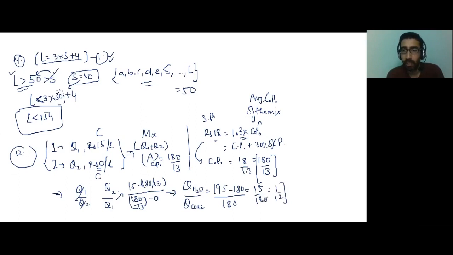So for every 12 liters of the coke concentrate, you add 1 liter of water. Is this clear? 1 by 12 ought to be the answer, and I think the answer key will give you the same. Any doubts here?